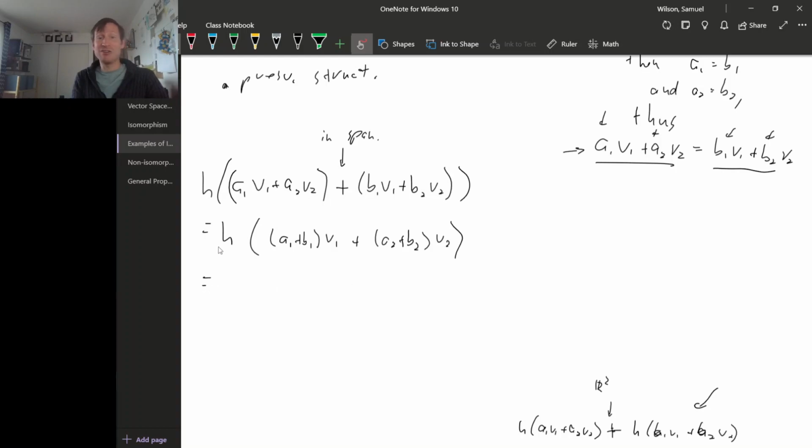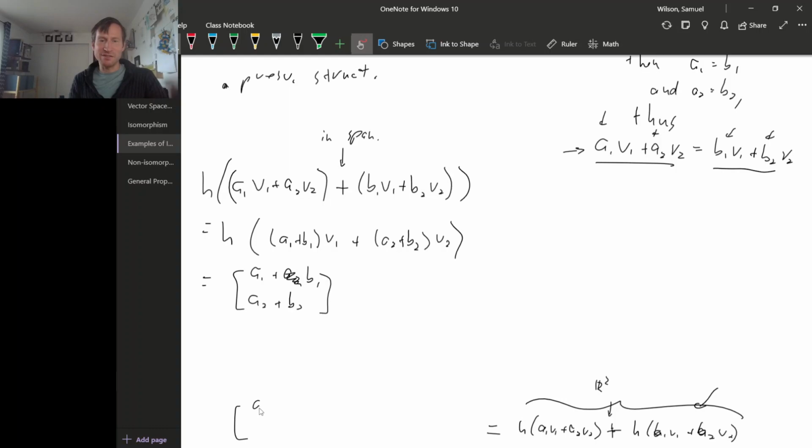And now we can calculate H. And this is (A1 plus B1), (A2 plus B2). Right? Well, now we can compute what is all this stuff. Is it the same as that or not? Well, let's calculate. So H of A1 V1 plus A2 V2, right?